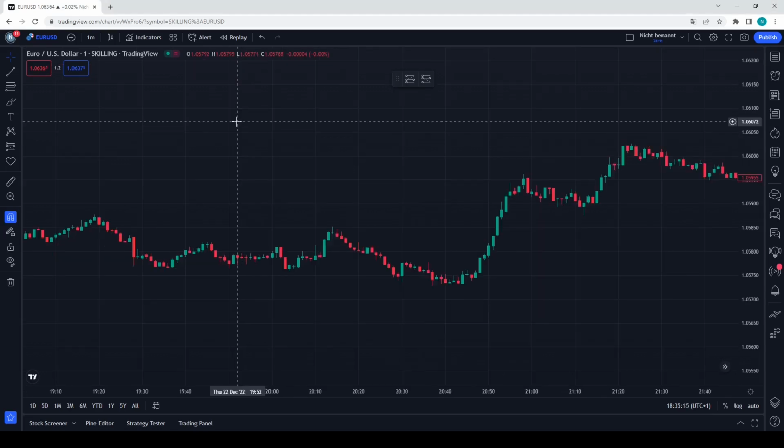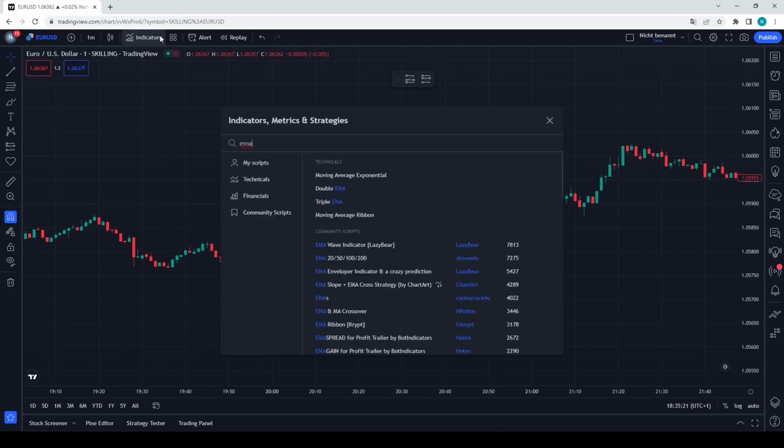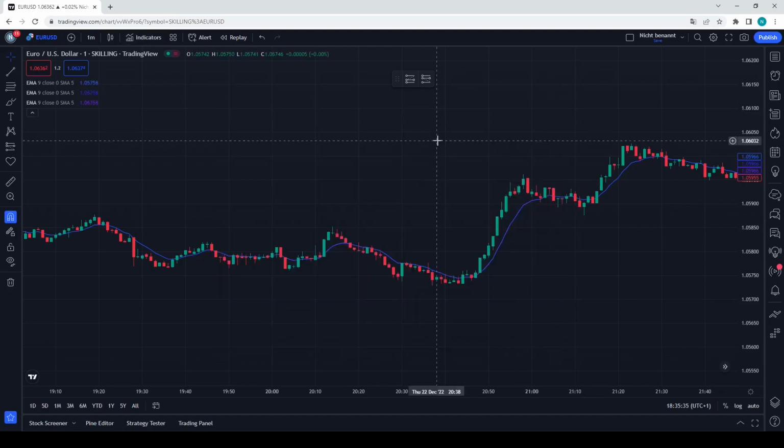So the setup for this strategy is very simple. All we need are 3 different EMAs. So we just type in the indicator section EMA. We need the moving average exponential, and this 3 times. So 1, 2, and 3. We click 3 times on this one. And now we have to do some changes.